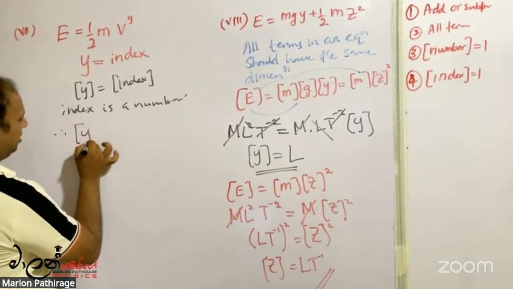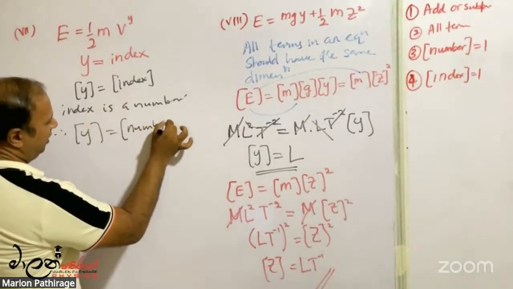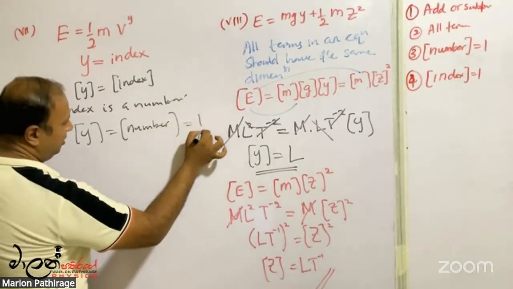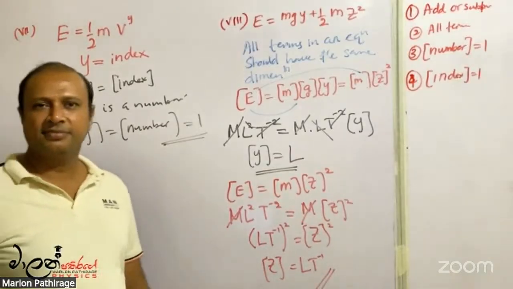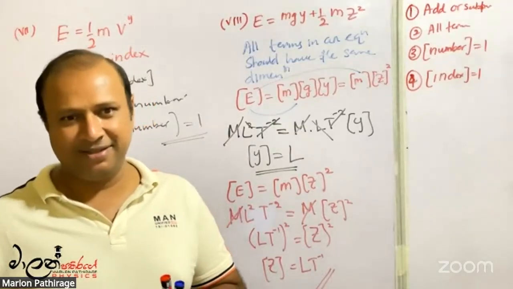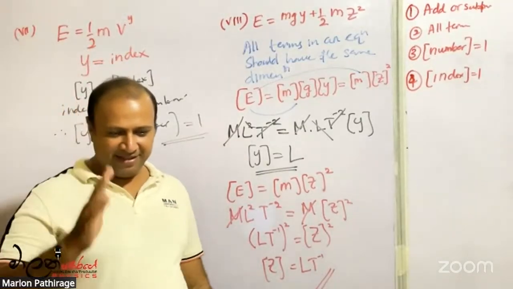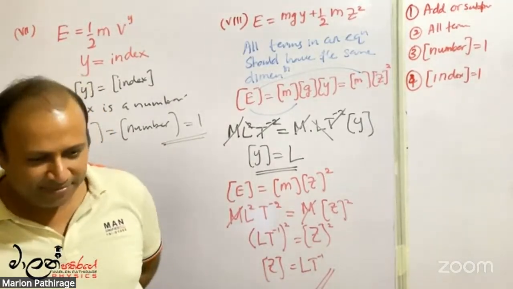Therefore, dimension of y should be the dimension of a number, which is equal to 1, because there is no dimension for numbers. Is that clear? If it is clear, please raise your hand.